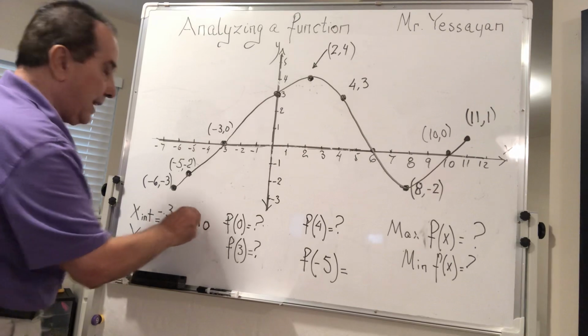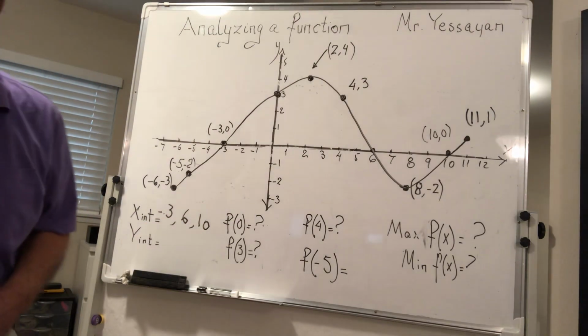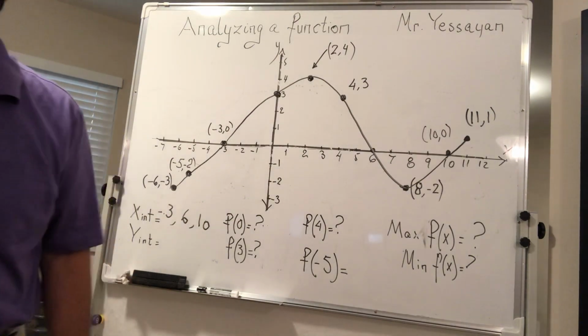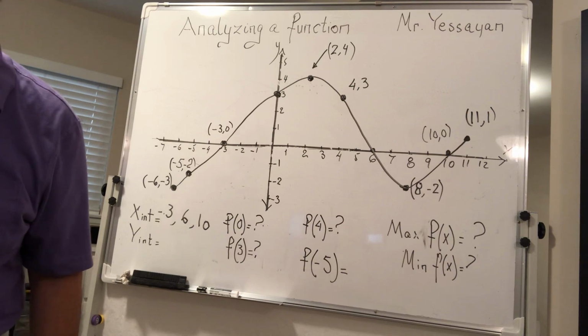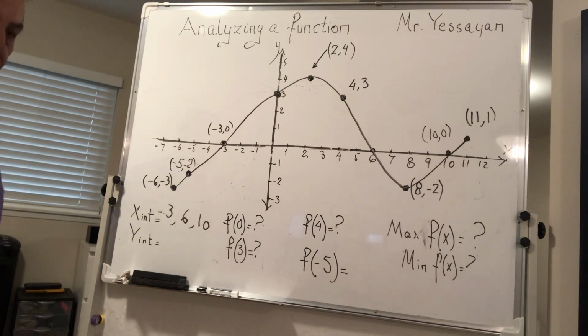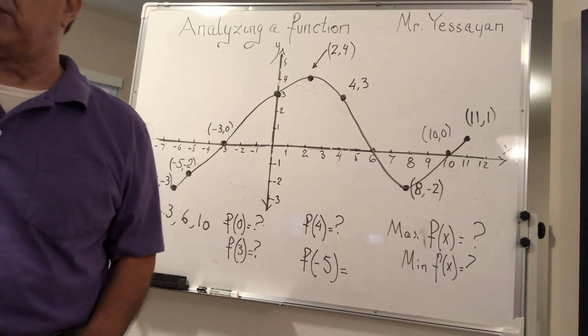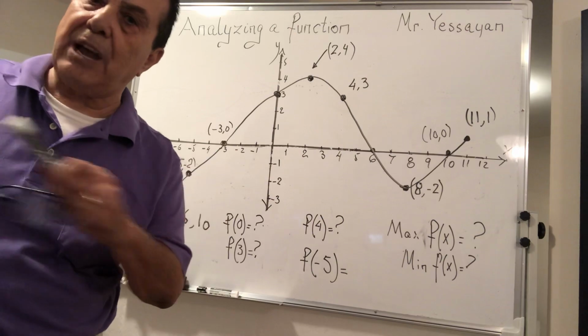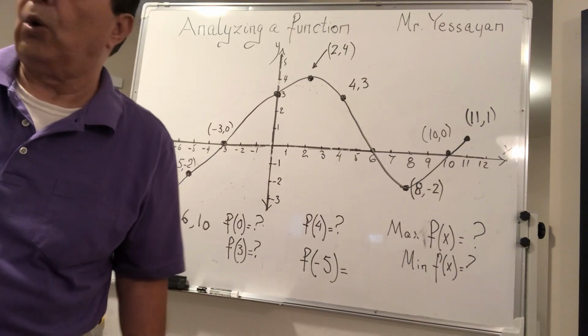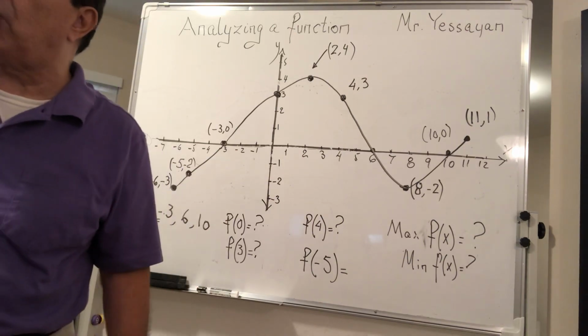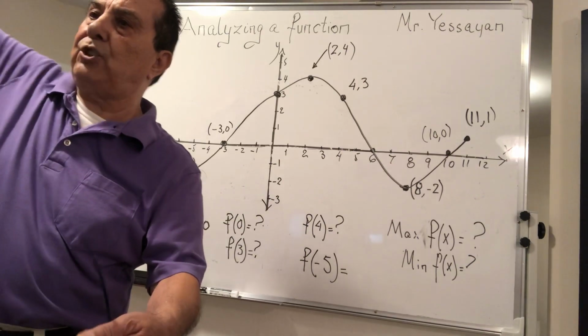So I need to be very careful, and I need to be able to read the graph. Also, of course, I can put the ordered pair, which means that at all x-intercepts, the value of y is always equal to 0. The function is 0. The height of the function is 0.